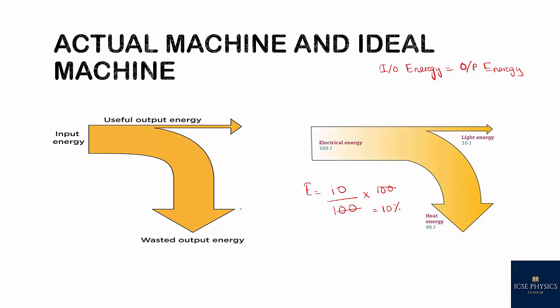So there is energy lost in overcoming the force of friction between the moving parts of a machine, which is a common type of loss. The main cause of loss of energy in an actual machine is mainly friction. So this is about actual machine and ideal machine.